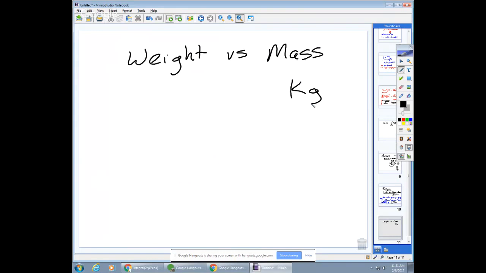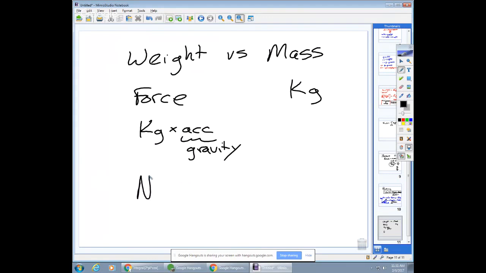Weight is when we take, that's a force. That's when we take our mass, like kilograms, and we multiply by acceleration, like gravity. And if we're using the metric system, the classic unit of weight is called a Newton, N. And a Newton is mass, kilogram, for example, times acceleration.